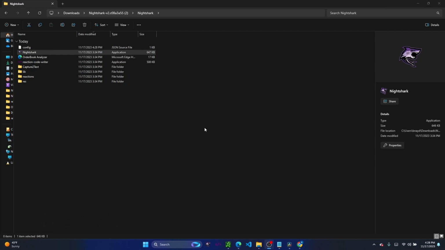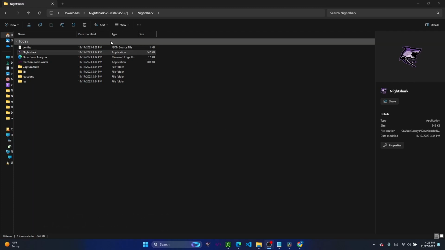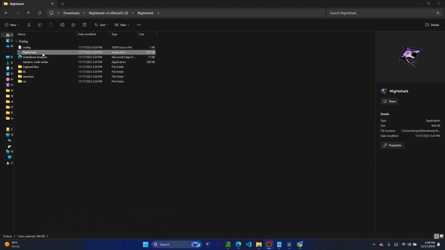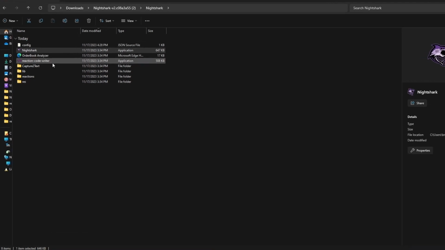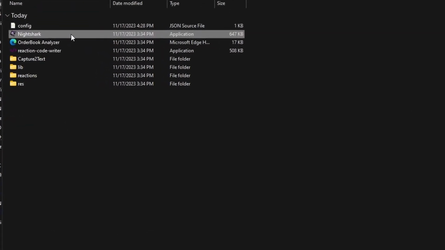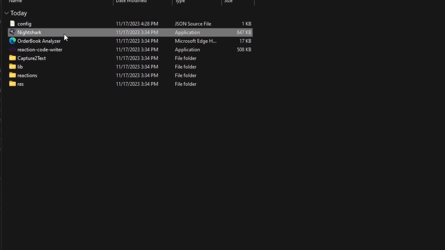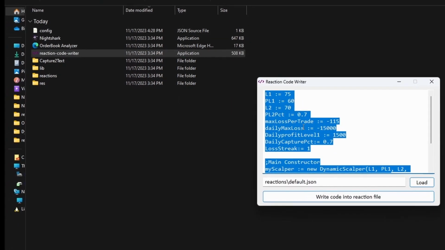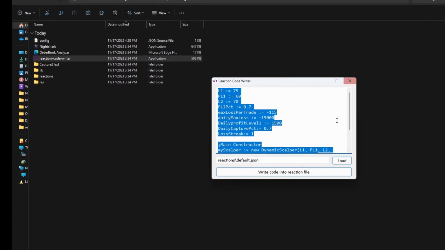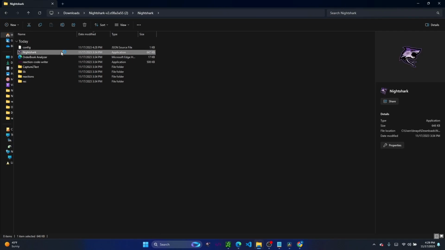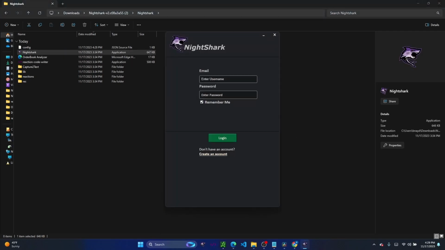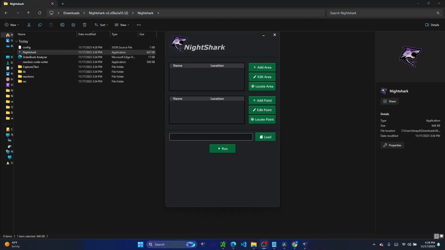So in terms of setup, once you download the file and extract the zip file, you can see this is what the Nightshark directory looks like. Nightshark is the main app, and Reaction Code Writer is where you will be writing the code. First, you can open Nightshark and log in with your information.